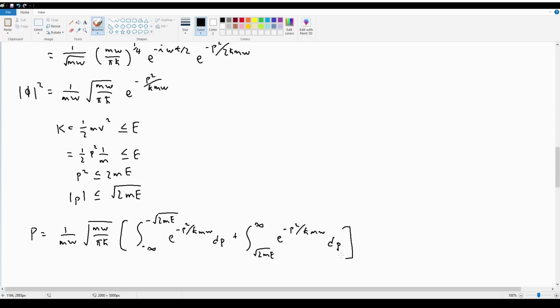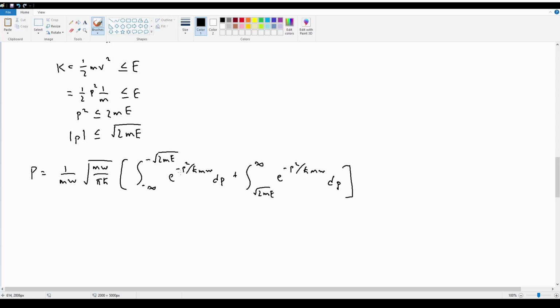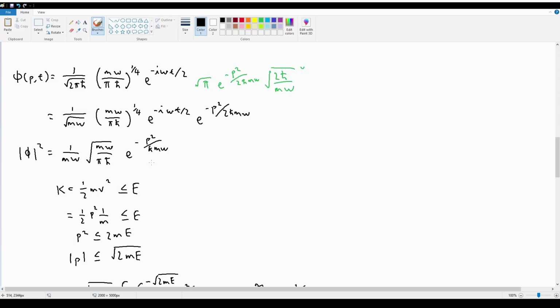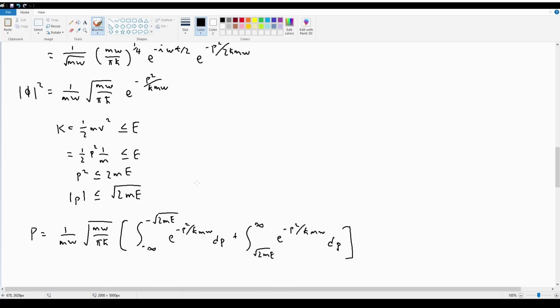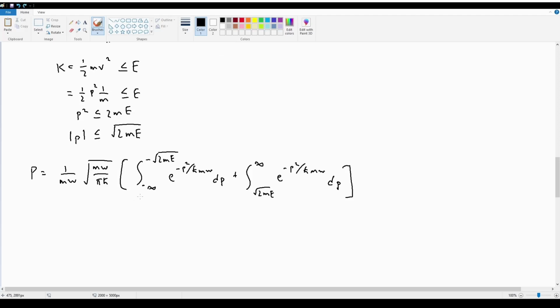But here we know, because this is in terms of p squared, that our magnitude phi squared term is going to be symmetrical about the y-axis. So what that tells us is that this integral is going to be the exact same as this integral. There's nothing stopping us from just turning this into a single integral and adding a factor of 2 at the front.